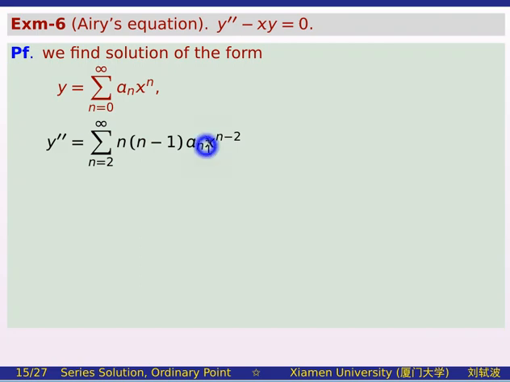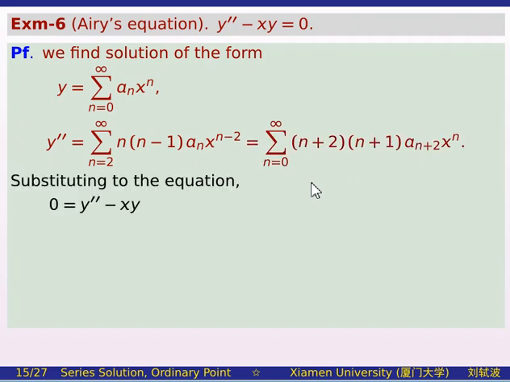The power of x in this expression is n minus 2, so we will switch the index so that the power of x is the same as that of y. Therefore, we let n minus 2 be k, and then k is from 0 to infinity, and then we replace k by n, so we get this expression for y double prime.